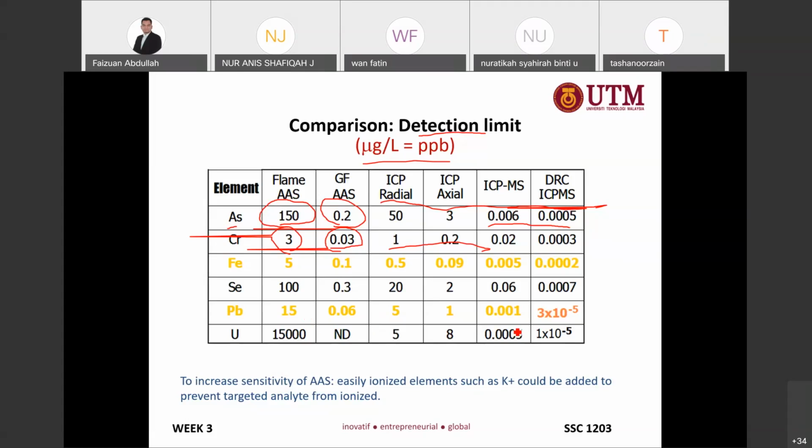Graphite furnace. Not so accurate an answer, because I told you we already know that roughly the sample has 20 ppb and above.